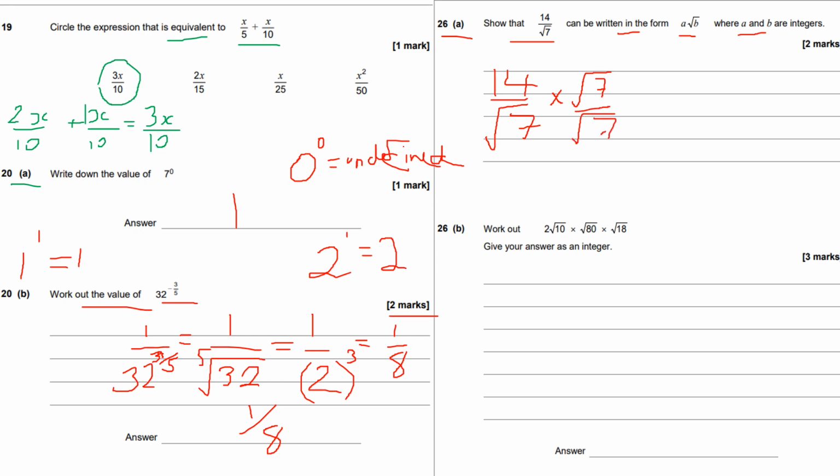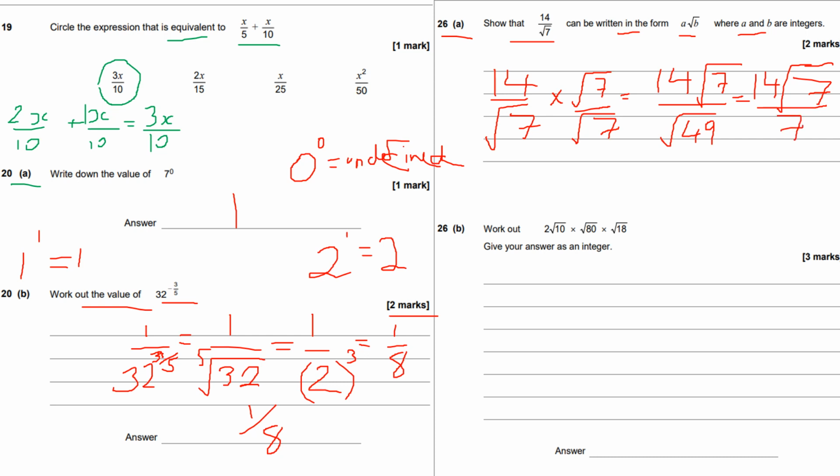When I multiply fractions, I multiply the top parts together and the bottom parts together. 14 times root 7 is going to be 14 root 7, and root 7 times root 7 is root 49, which simplifies to the number 7. So I'm going to have 14 lots of root 7 all over 7.